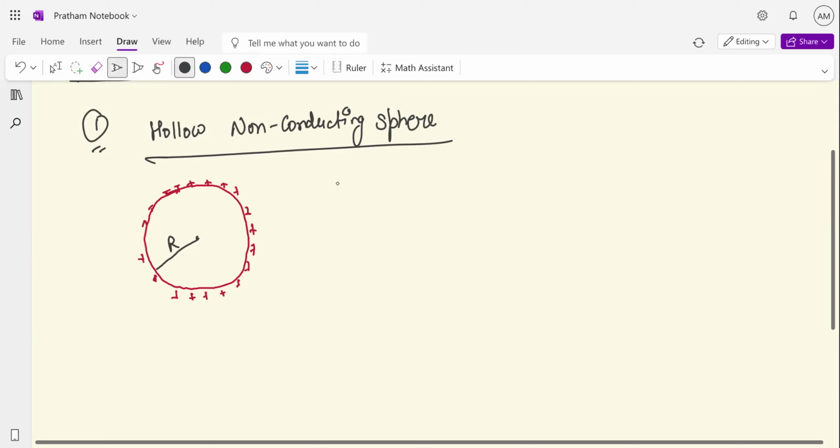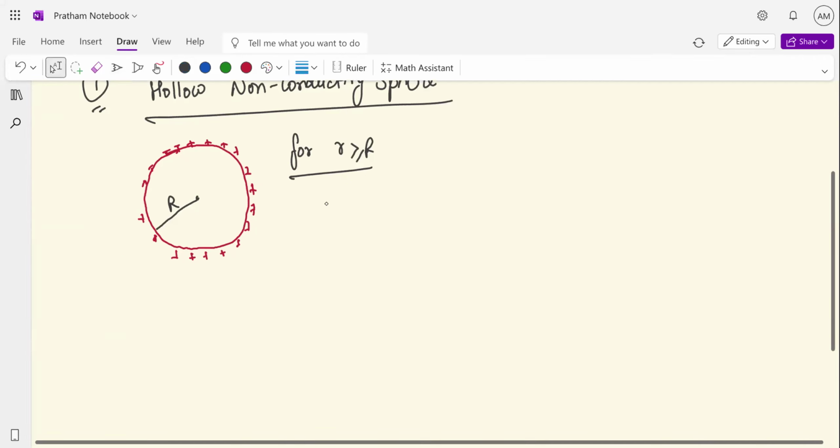First, I'll take any random distance r which is greater than or equal to R. So how will it look? You know that dV is equal to negative E times dr, right? For r greater than or equal to R, what is the electric field?